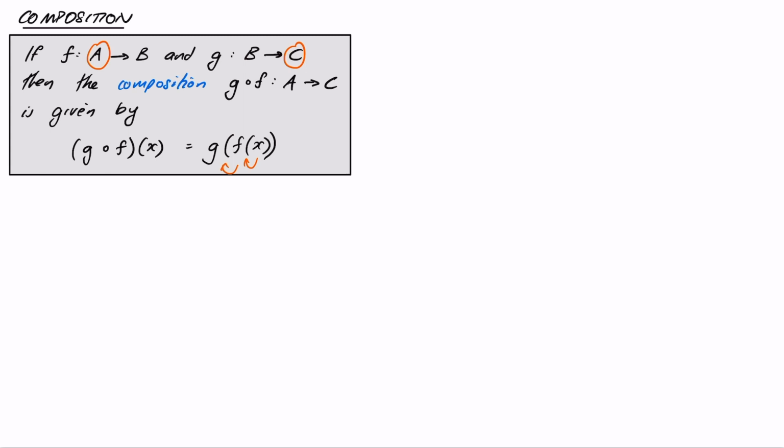If you were to draw a little picture, x goes through f and turns into f of x, which then goes into g and gets turned into g of f of x.